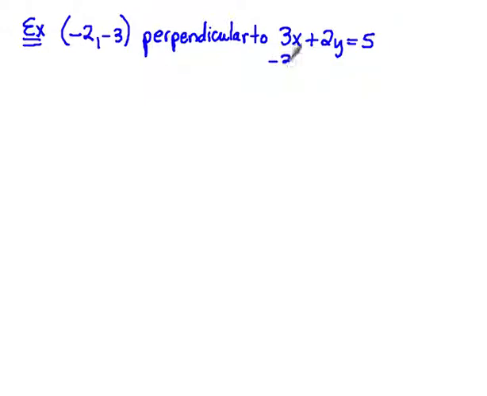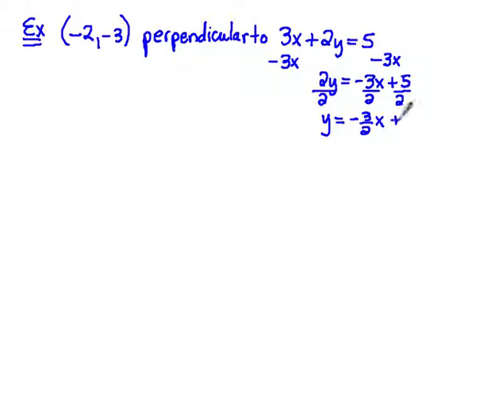I'm going to subtract 3x from both sides, and I get 2y = -3x + 5. I'm going to divide everything by 2, and I get y = -3/2 x + 5/2. The slope of this line is -3/2.